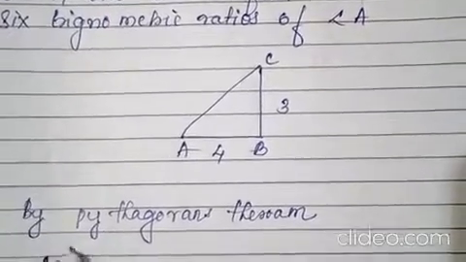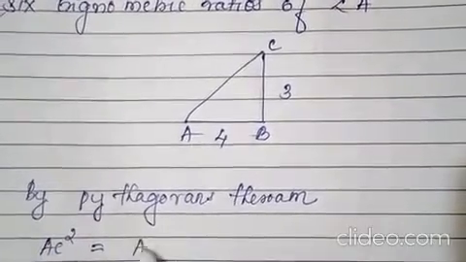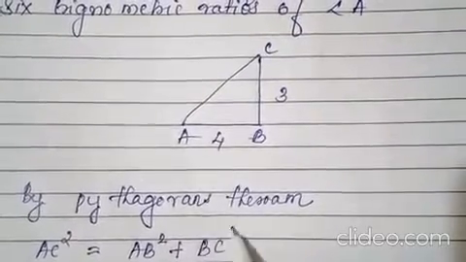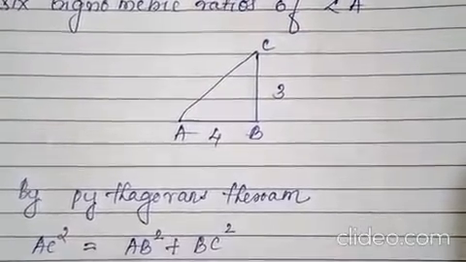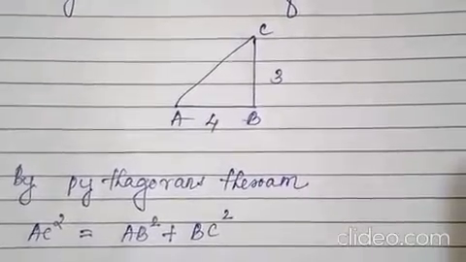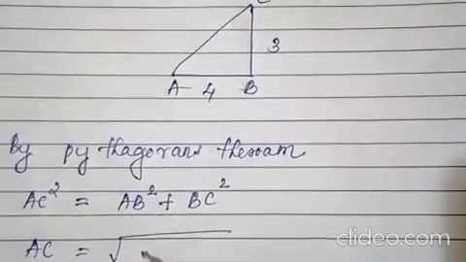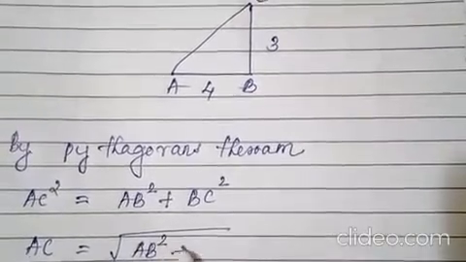AC square, hypotenuse square, equals AB square, that is base square, plus BC square, that is perpendicular square. So AC equals root of AB square plus BC square.